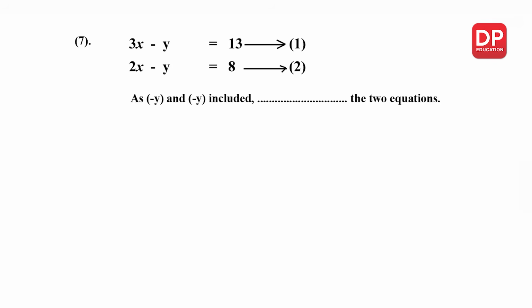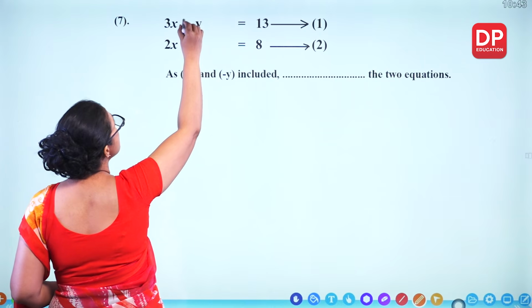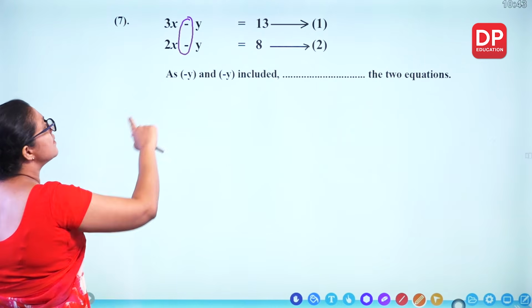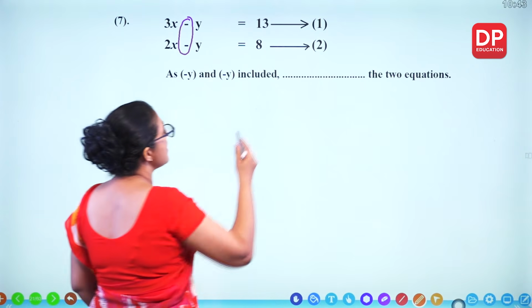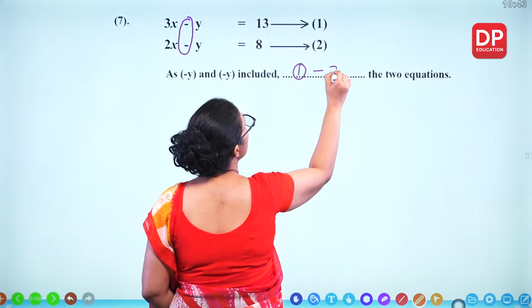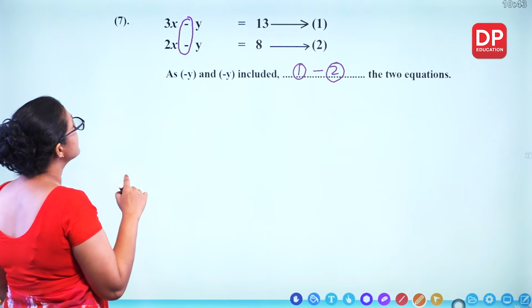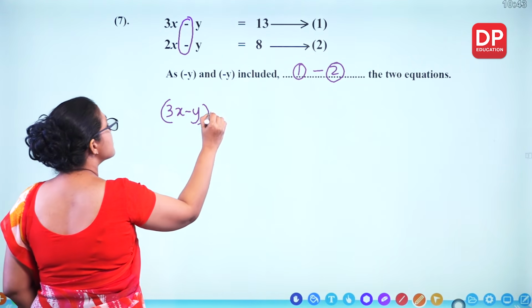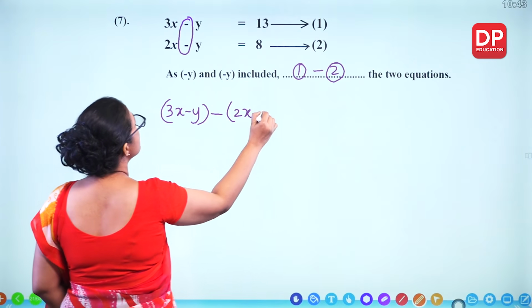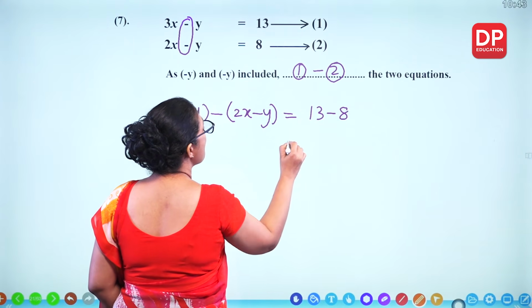This one, these are the two equal coefficients, sign both minus. How do you get rid of that? You have to subtract. Same sign, you have to subtract the two equations. We'll subtract: 3x minus y, subtract 2x minus y. 13 minus 8 here.